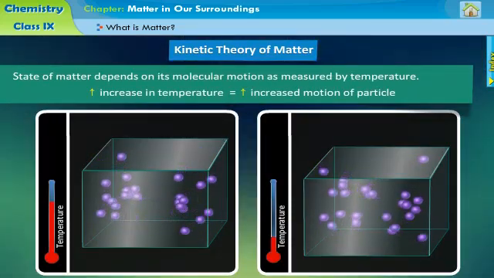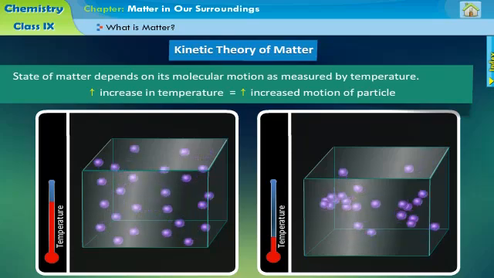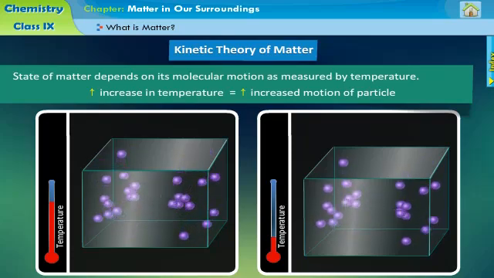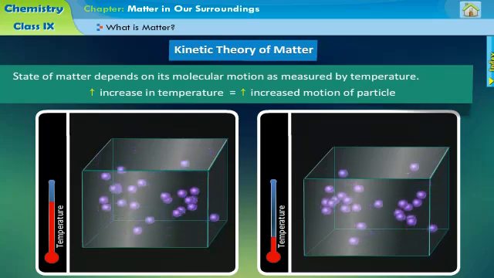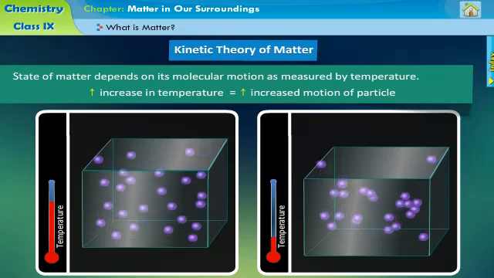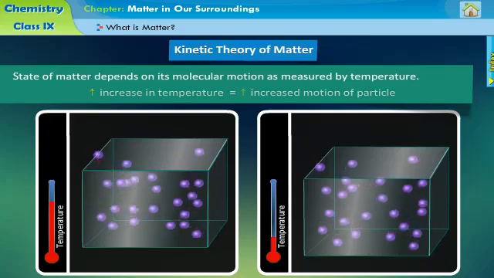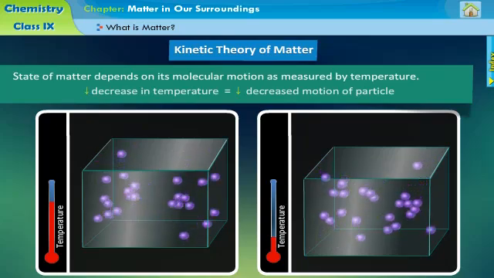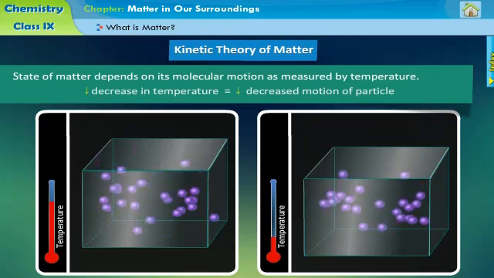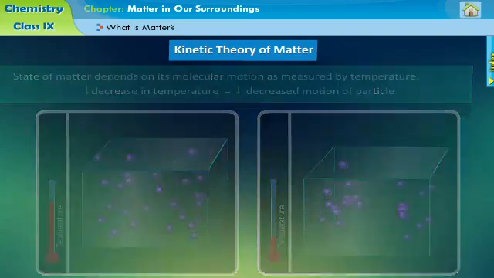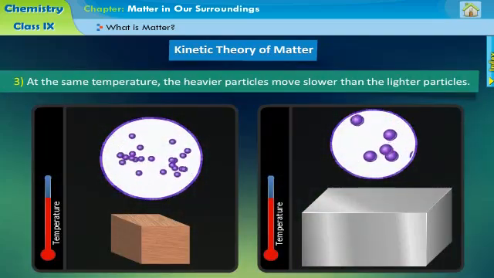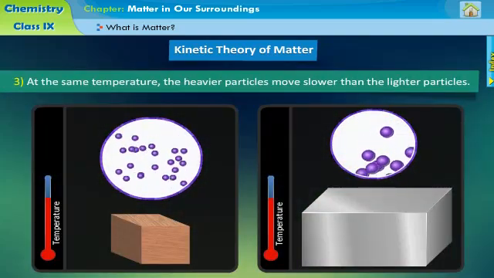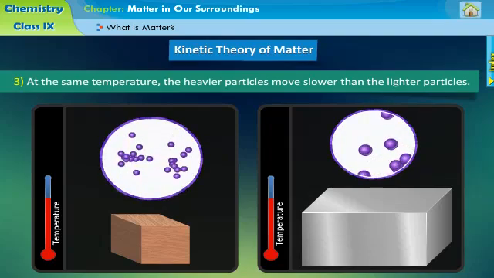State of matter depends on its molecular motion as measured by temperature. Increase in temperature is equal to increased motion of particle. Decrease in temperature is equal to decreased motion of particle. 3. At the same temperature, the heavier particles move slower than the lighter particles.